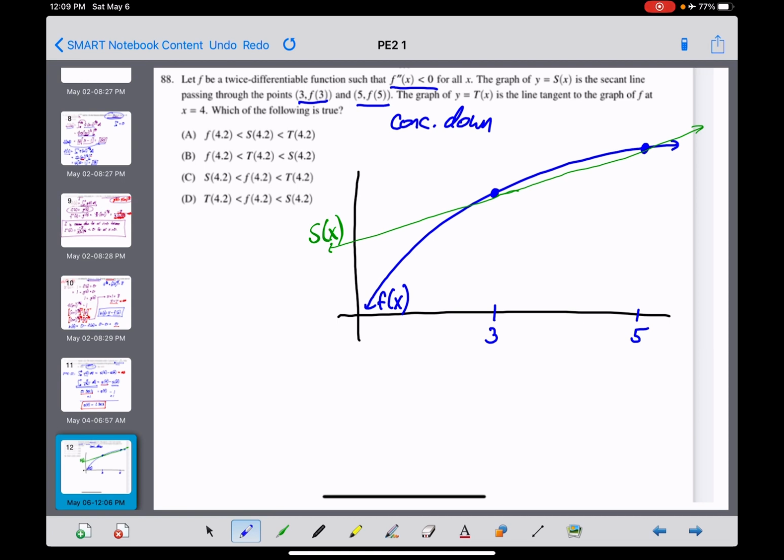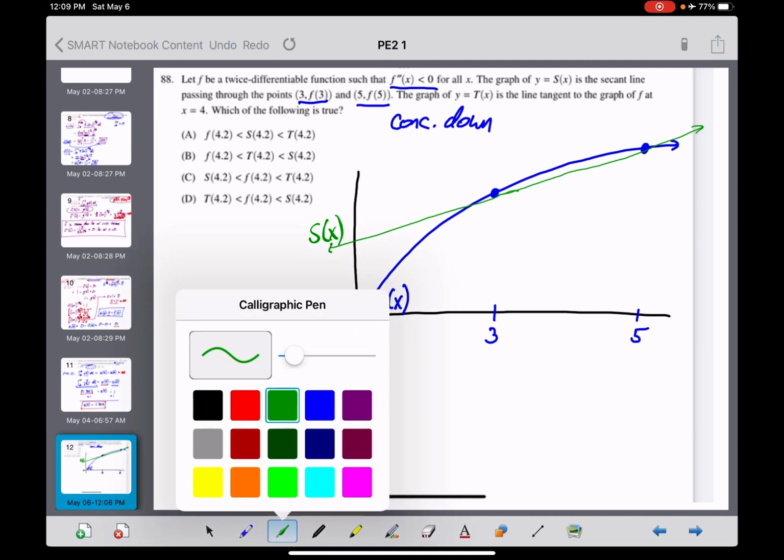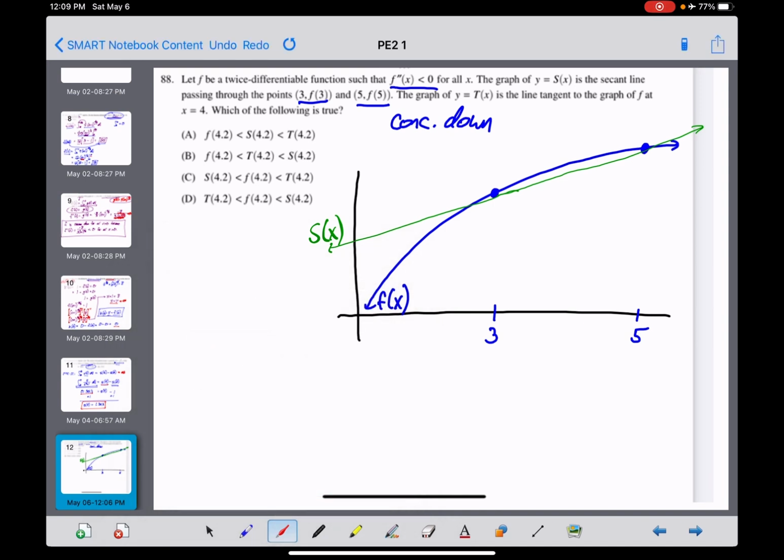And then we've got a tangent line here too that I'm going to do in red. That tangent line is tangent to this graph at x equals 4. Not surprisingly, 4 would be right smack dab in the middle between 3 and 5. So this is where I think we're at, guys. If I'm drawing the tangent line approximation, it kind of looks to me like that tangent line would have roughly the same slope as the secant line.